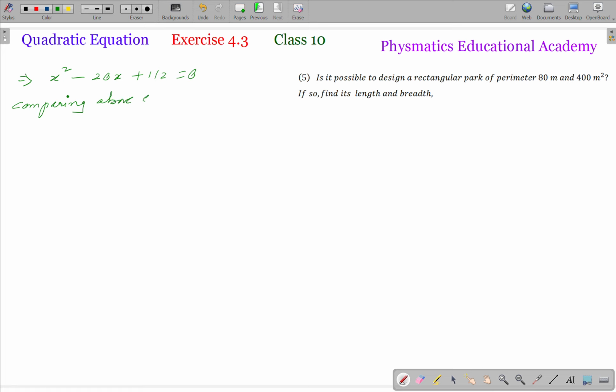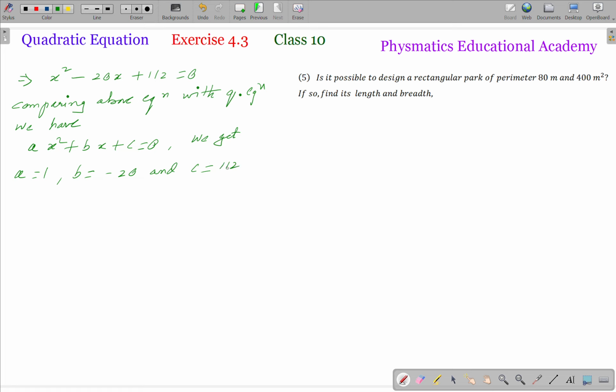Comparing the above equation with the quadratic equation ax square plus bx plus c is equal to 0, we get a is equal to 1, b is equal to minus 20 and c is equal to 112.